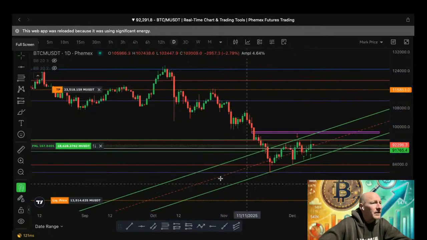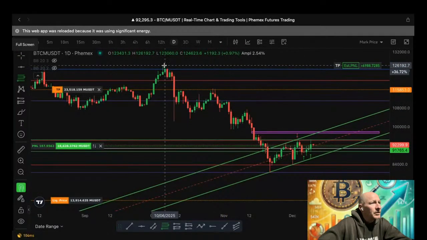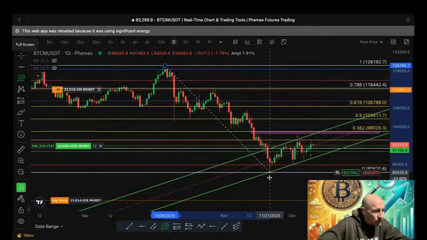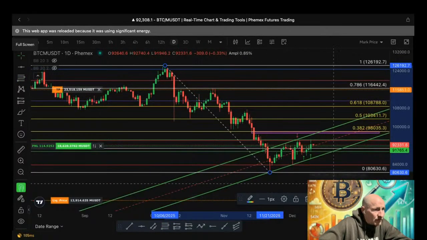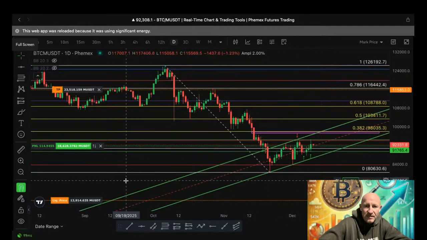If I get rid of it and just add it back, you go wick to wick. And that puts lines on your chart that act as support and resistance and also measure the move.